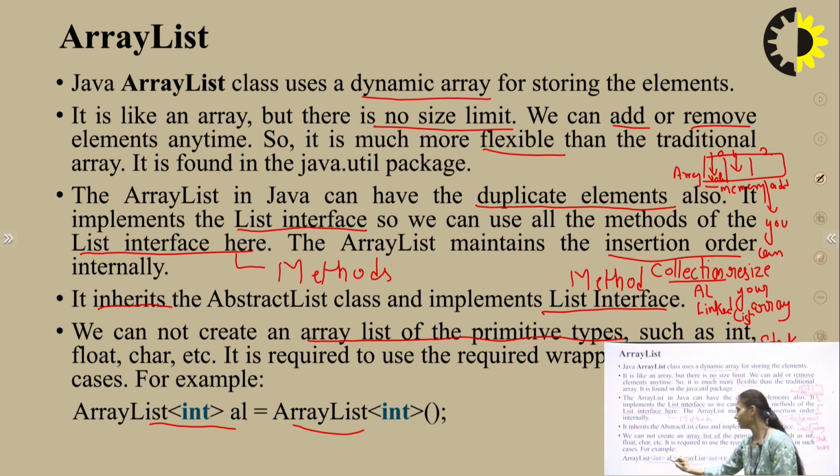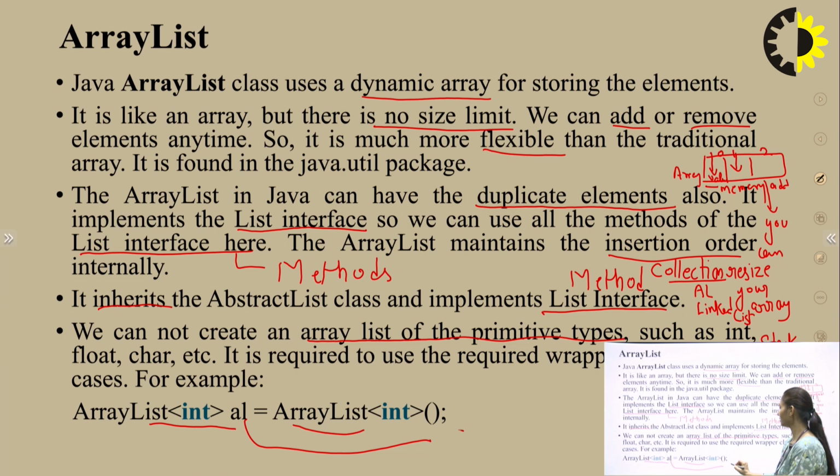In this way we can add elements inside of this array list al, one by one. So for creating an array list, you have to declare the syntax with this, which consists of the defining part of the array list. In the array list, we have discussed that array list is going to be dynamic in size, and it will overcome the problem of the traditional array, where only homogeneous elements are stored.